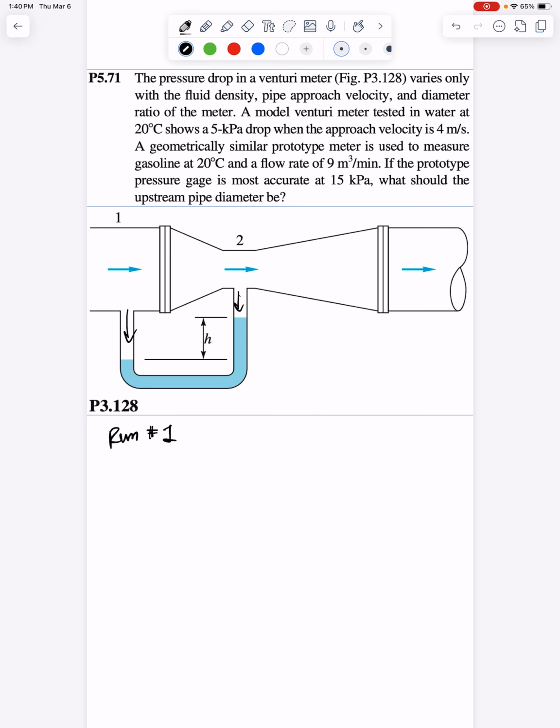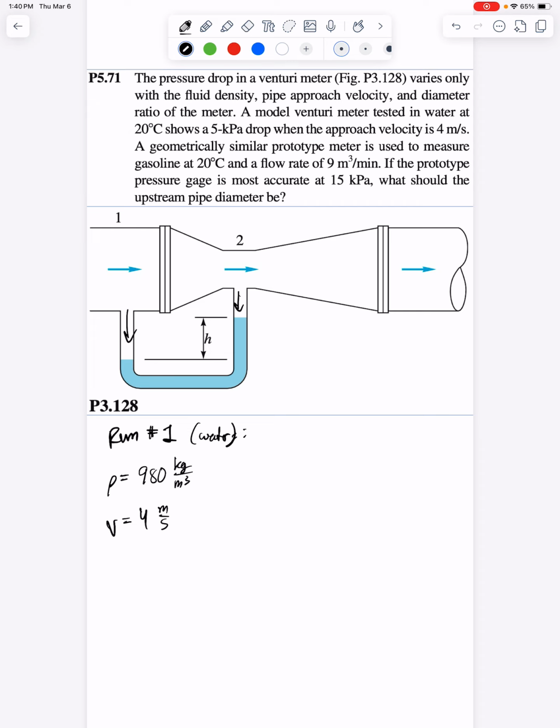This first run, we're using water. In the water run, we know that the density of water at 20 C is about 980 kilograms per cubic meter. We have the speed of the water, 4 meters per second, going through this tunnel.